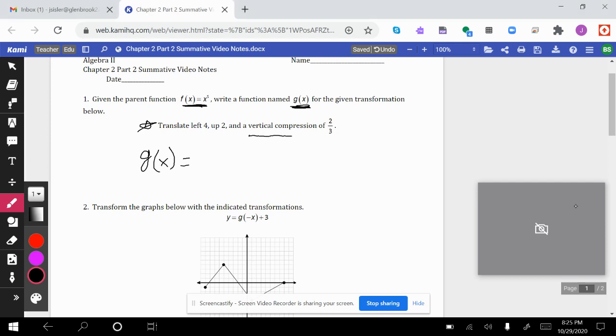So we have a vertical compression of 2/3. So right away, if I see vertical compression or vertical stretch, that number is just going to go in front of my new equation, okay? Then I've got my x value in our parentheses, right? Because our original equation is x to the fifth.